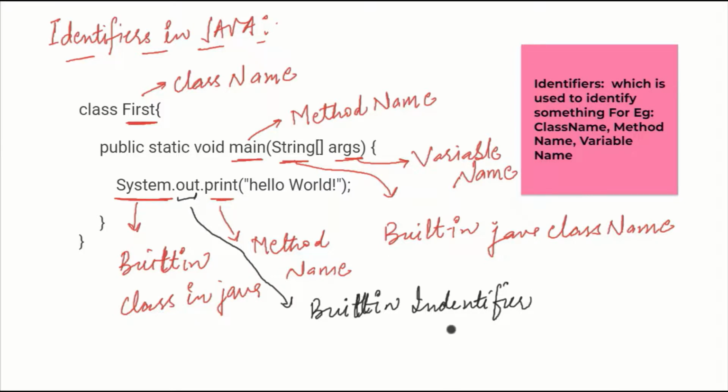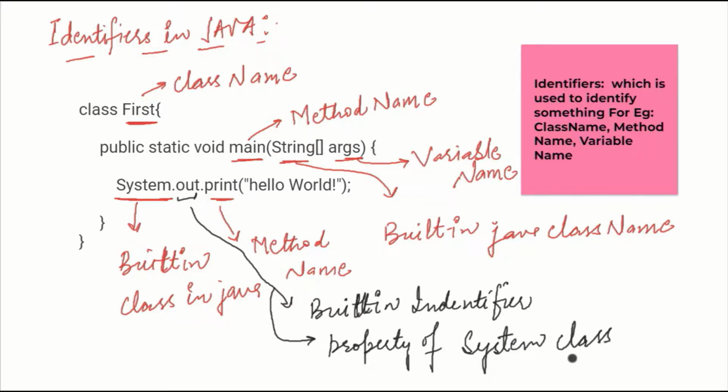Basically, as of now, just to learn, you can say out is a property of the System class, because all these are OOPs concept terminologies, so we will discuss them later on. So this is all about the identifier.